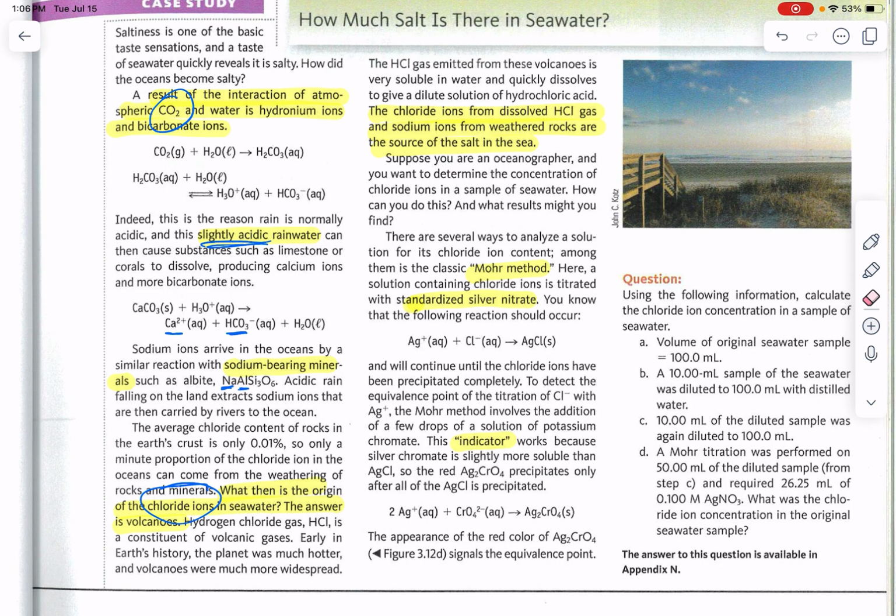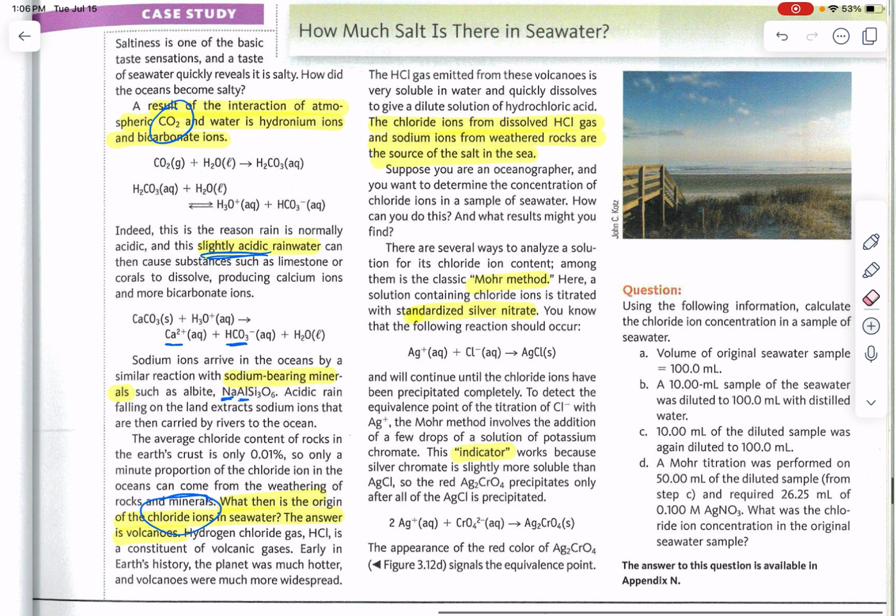There's usually a mountain over in Indonesia, one or two that are erupting. Occasionally, you might have one around the Ring of Fire, like around Italy. So we get a lot of chlorine ions from volcanic action. In fact, this would be a natural pollution.